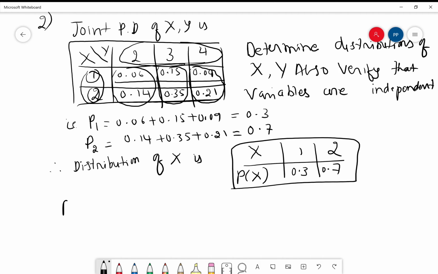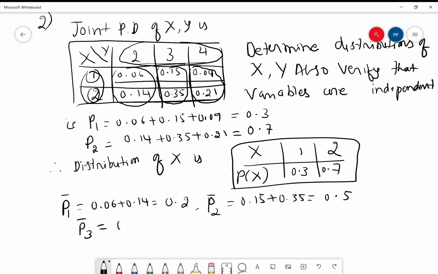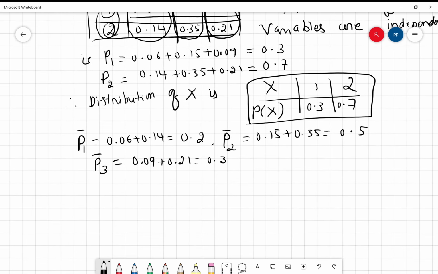Therefore, that is P1 bar: 0.06 plus 0.14 is 0.2, P2 bar equals 0.15 plus 0.35, which is 0.5, and P3 bar equals 0.09 plus 0.21, which is 0.3.